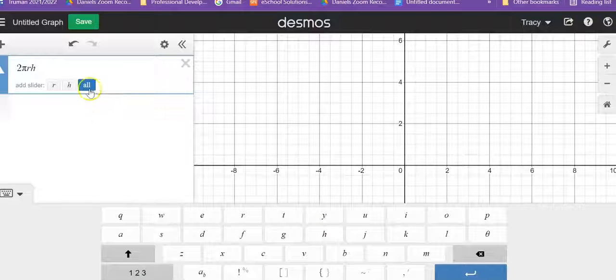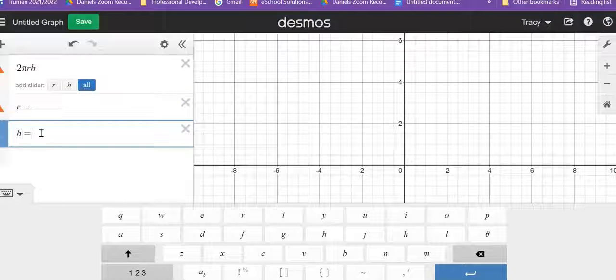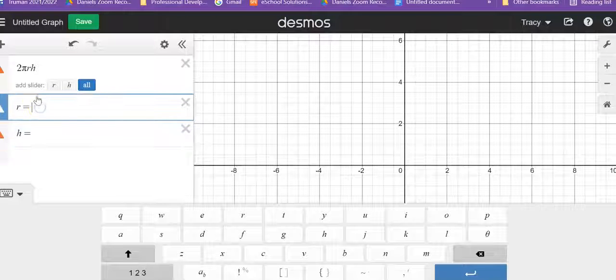I can add these sliders, but if I don't have the option to add those sliders, I can just type r equals, and I can also type h equals, and then it'll allow me to enter those values there. So, 2 times pi times the radius times the height.